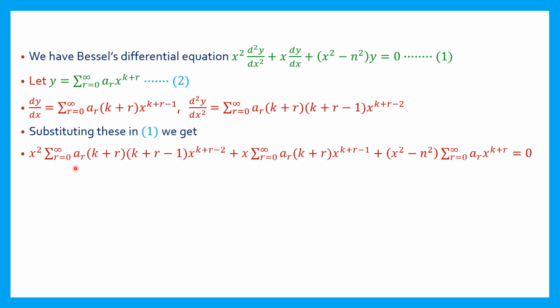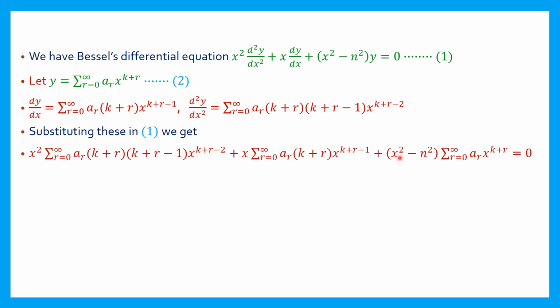Now let us simplify. Here x square we have outside the summation and x power k plus r minus 2. We will club these x powers so that in the next step we can write x power k plus r. Here x is outside the summation, and x power k plus r minus 1 we have inside. If you club, we will get x power k plus r only.